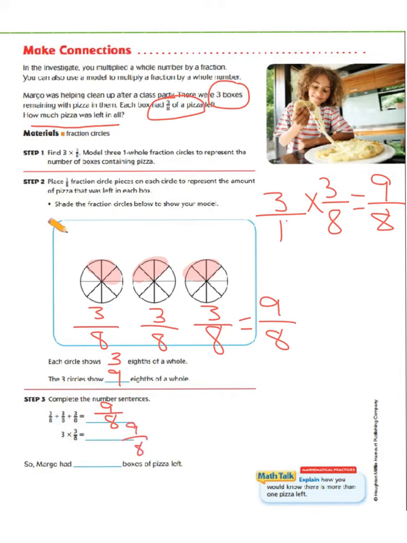So Marco had 9/8 of a pizza left over, or we know that 9/8 is a fraction greater than 1, so we can take our numerator divided by our denominator. 9 divided by 8 is 1. 1 times 8 is 8. 9 minus 8 is 1. And our denominator stays the same at 8. So we had 1 and 1/8 pizzas left.